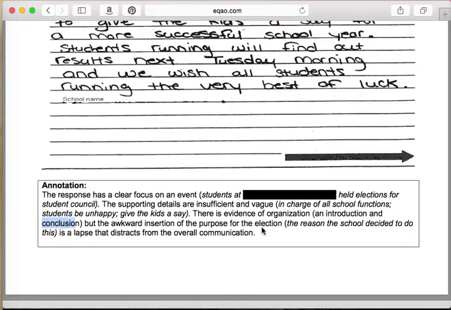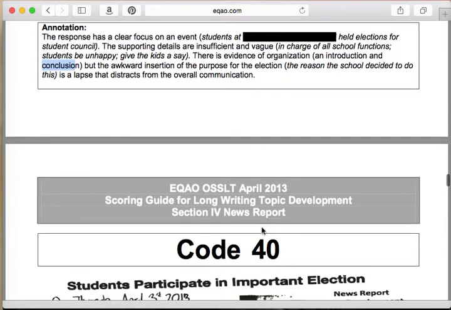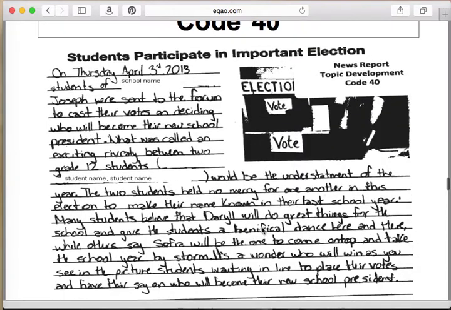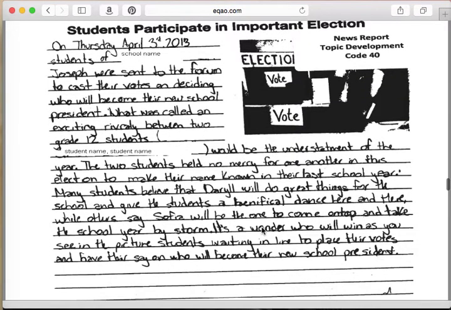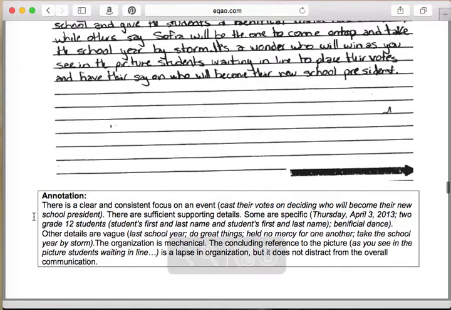Alright, so let's move on to the code 40. Here's an example. I'm just going to go to the annotation. In the level 40, there's a clear and consistent focus on an event. There are sufficient supporting details. Some are specific. An example of specific details is that the EQAO provides a date, Thursday, April 3rd, 2013, to grade 12 students.